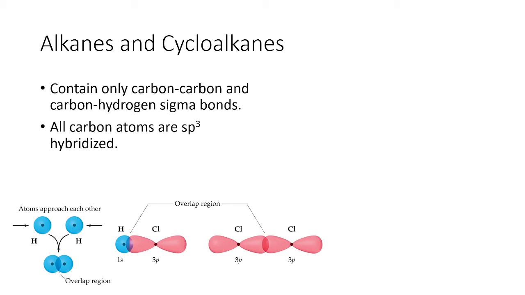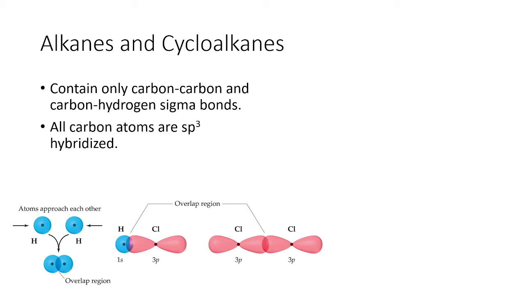So, for example, we have here the sigma bonds or sigma overlap or overlap regions of hydrogen to hydrogen, hydrogen to chlorine, and chlorine to chlorine. So this is how sigma bonds would look like.